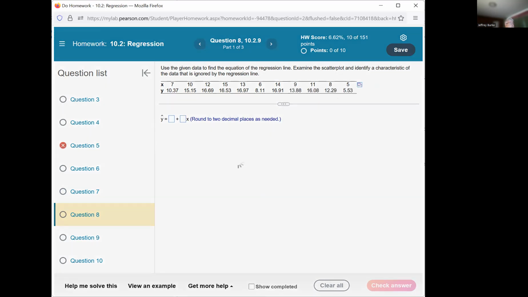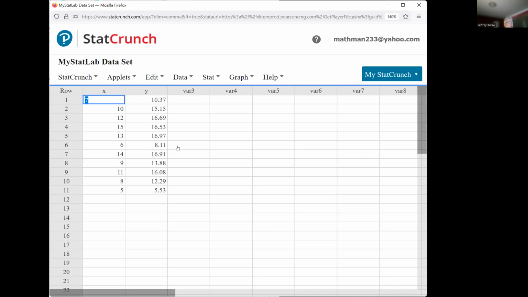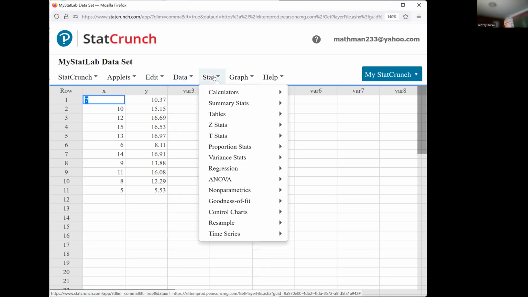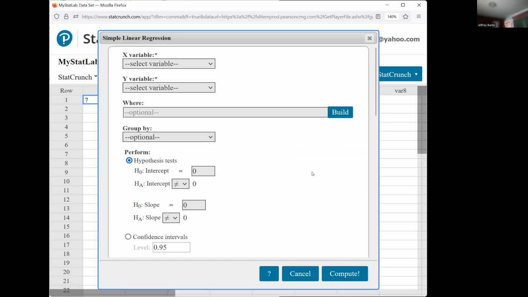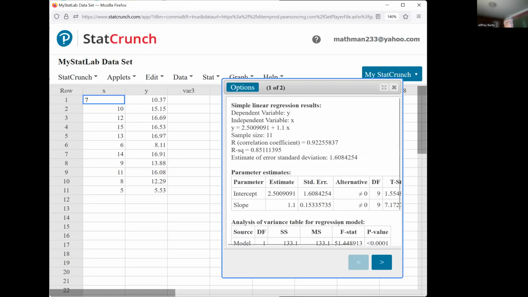We're going to put this in the StatCrunch, and I'll show you how to do this here. Okay. So what we're going to do now is go to Stat, Regression, Simple Linear. The x variable is going to be in x, the y variable is going to be in y. Click Compute, and there's going to be our equation right there.